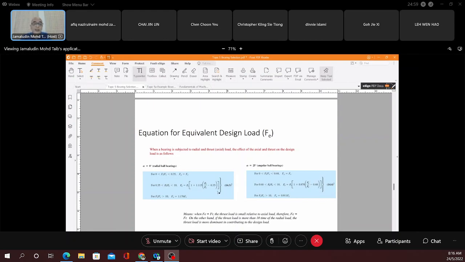In SKF, in this case, we have radial ball and angular ball bearings. If the ratio is different, for example, for FT over FR going to be 0.68, FE equals FR. In our case, the example before, we got our ratio FT over FR going to be equal to 0.494.